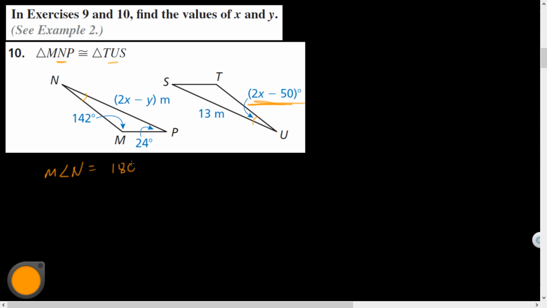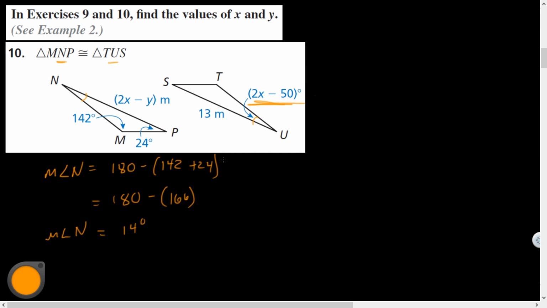I think I can do 180 minus 142 plus 24. So that's 166. And so that's going to be 14 degrees. Is that the measure of angle N, right?